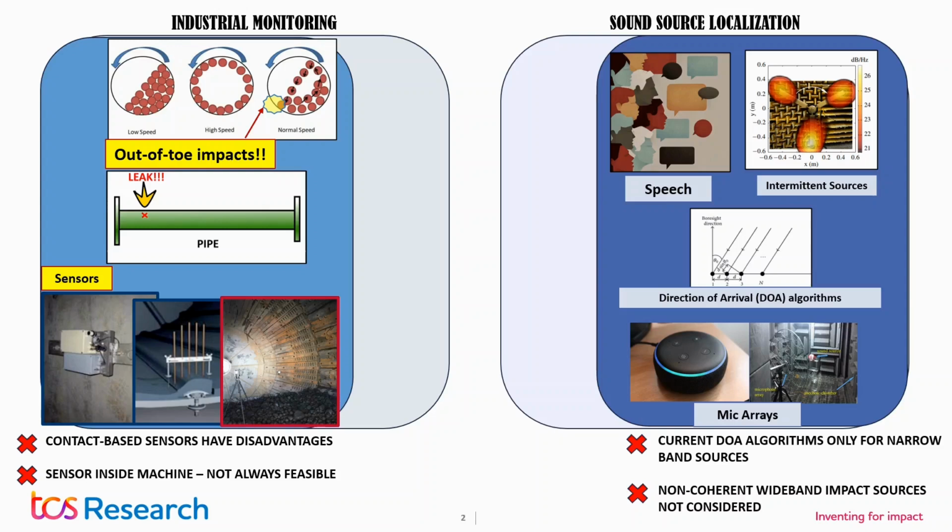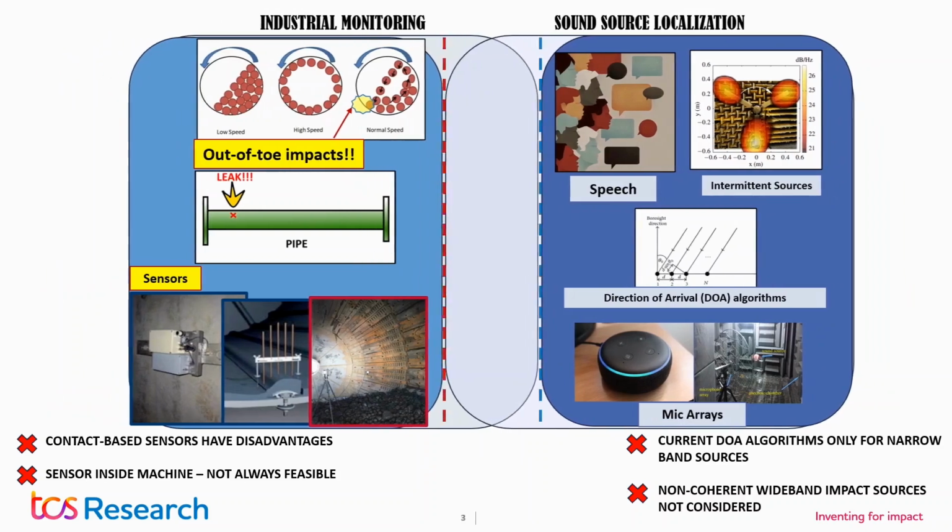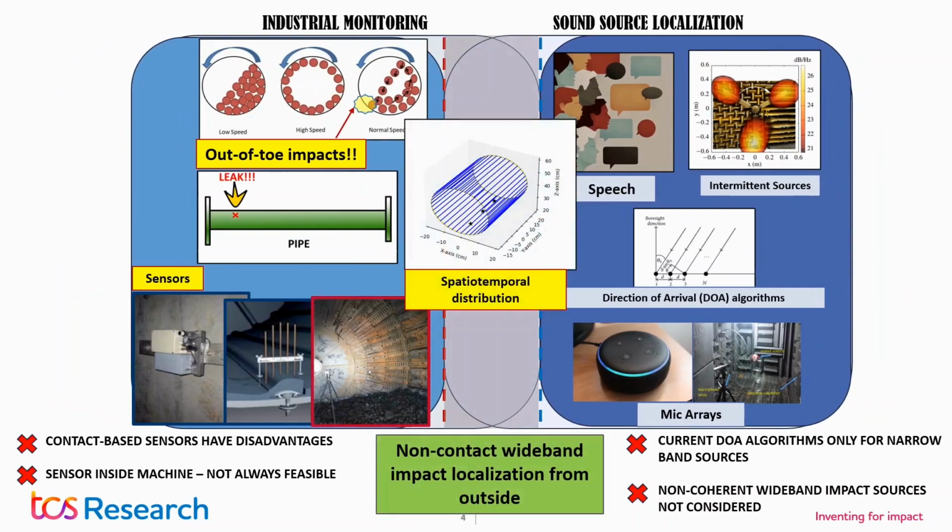These are periodic in nature, but the kind of sound we are looking for is more like impact sound. Like if I do a hammering here, the duration of that sound is pretty small in the time domain, which means in frequency domain it is wide. So I'm talking about non-coherent, aperiodic, and wideband sound sources. And we found that there exists no good algorithm to tackle this sort of problem.